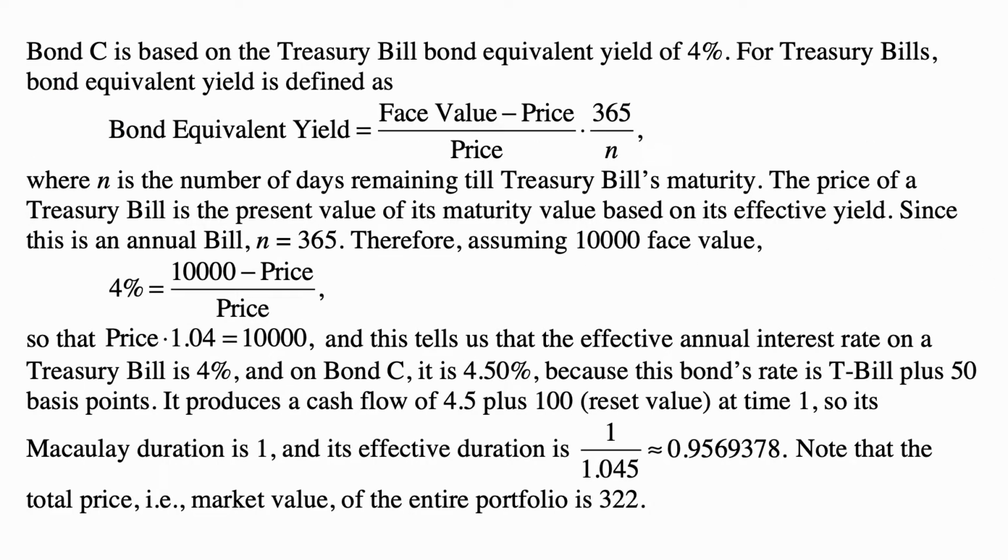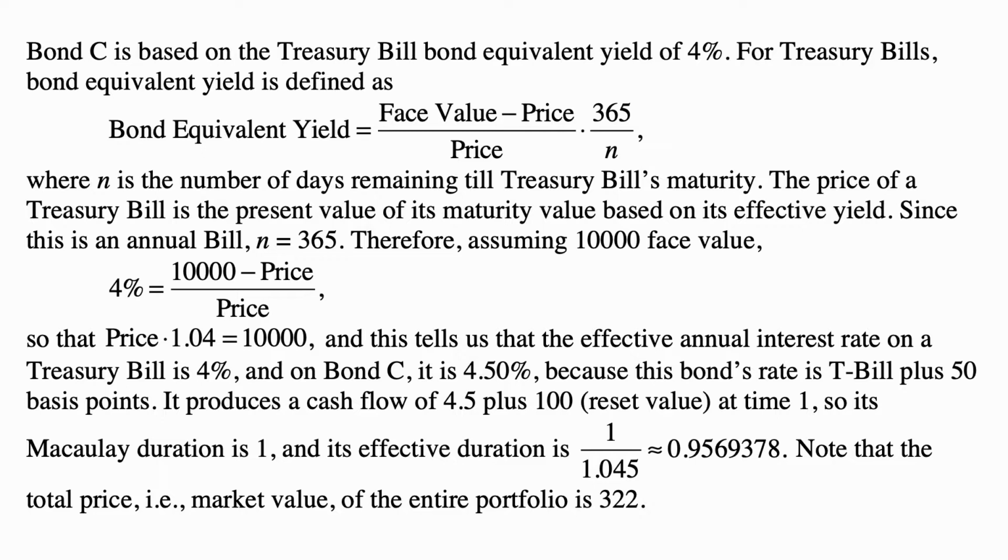Bond C is based on the Treasury bill bond equivalent yield of 4%. For Treasury bills, bond equivalent yield is defined as the face value minus the price, divided by the price, times 365 over n, where n is the number of days remaining till the Treasury bill's maturity. The price of a Treasury bill is the present value of its maturity value based on its effective yield.